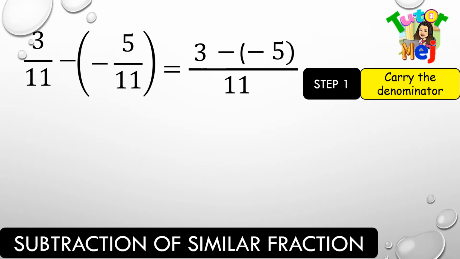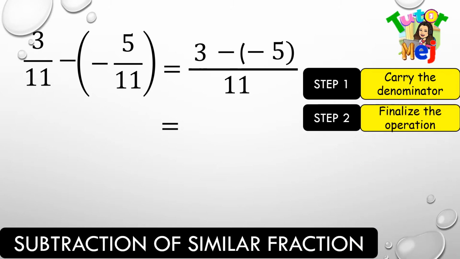Kasi di ba dalawa ang sign, meron tayong negative at negative sa taas or minus negative 5. So ang gagawin natin dyan, kunin muna natin yung 3 and then negative times negative, it will give us positive sign na result, then carry 5 over 11. Now, step 3, add the numerator.